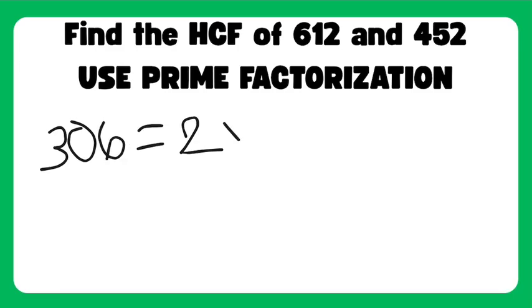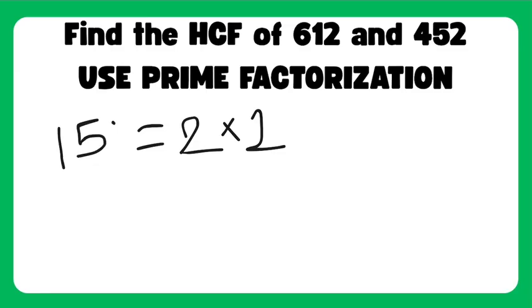Now we can use 2 once again, and that will be giving us 153. So 153, this one we can divide by 3, because 1 plus 5 is 6 and plus 3 gives us 9, and that means it's actually divisible by 9, but 9 is not prime, so we will have to divide it by 3 first.